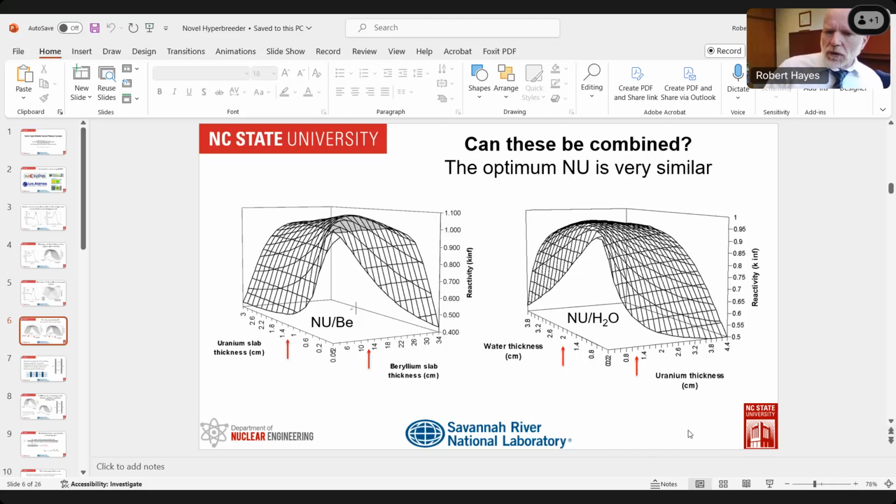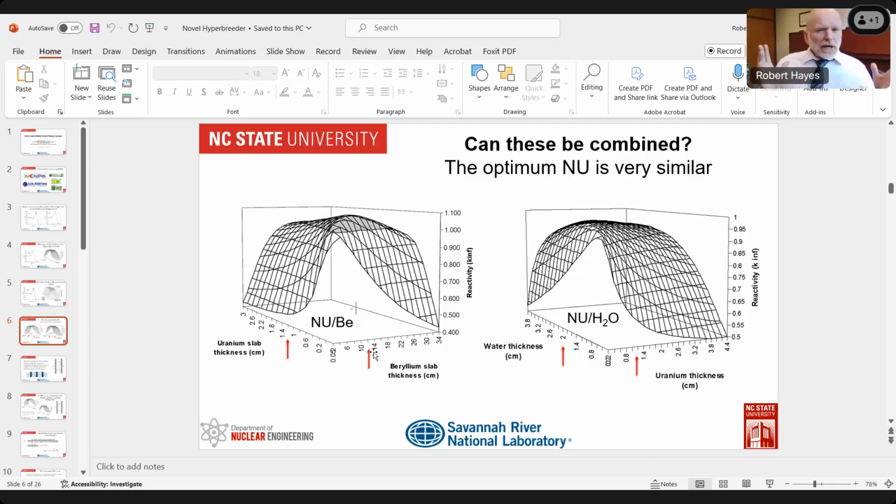And that also corresponds to right around the range where you get maximum reactivity for the water and natural uranium configuration, again with the uranium being about 1.2 centimeters. Now, in that range, the water is about 2 centimeters for that optimum thickness, and the beryllium is about 12 centimeters thick.